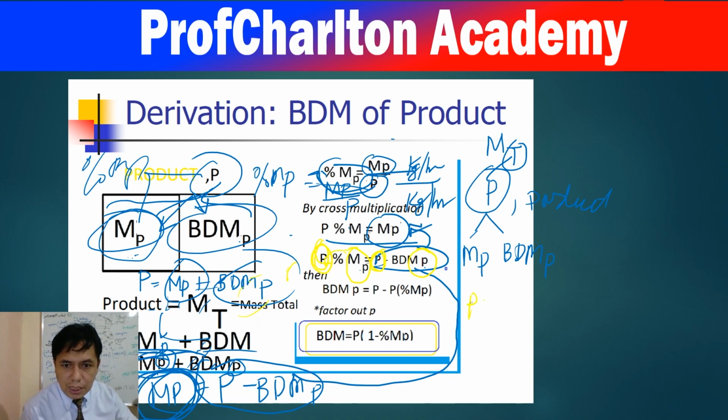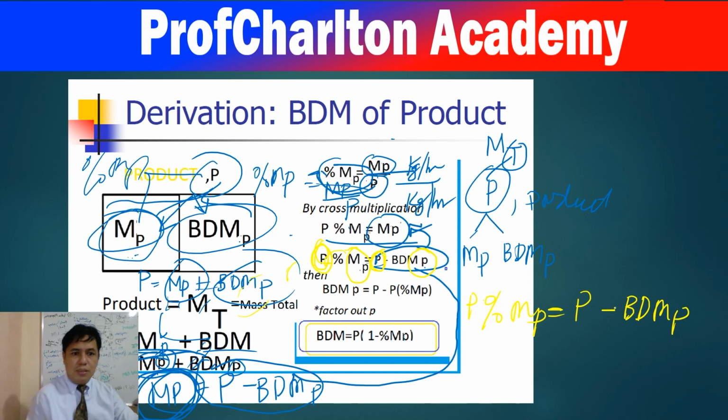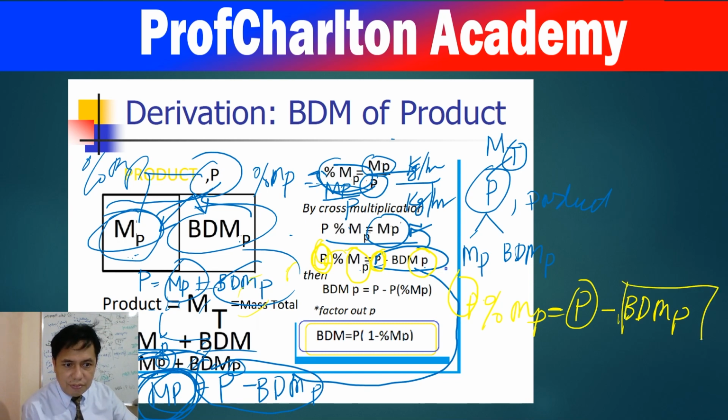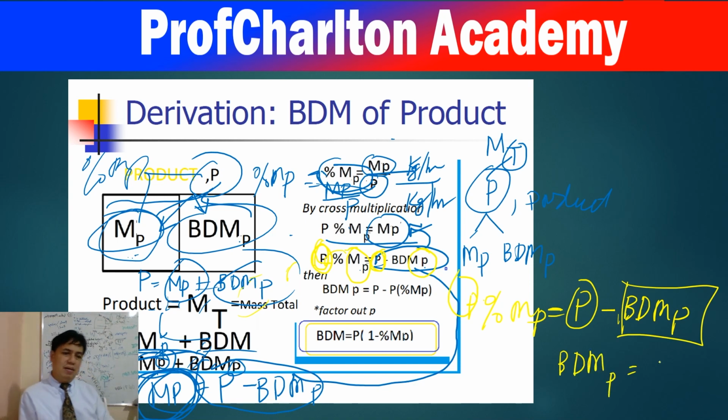So P percent MP equals P minus bone dry mass of P. So here the common is P and P. If we want to get the BDM, because our interest is the definition of BDM, the bone dry mass of the product, because that is the critical parameter that we are trying to measure.